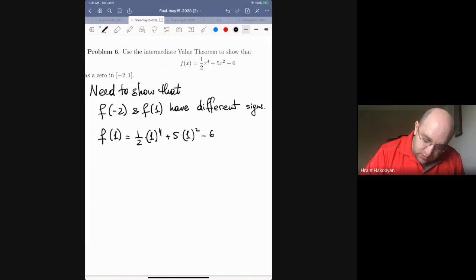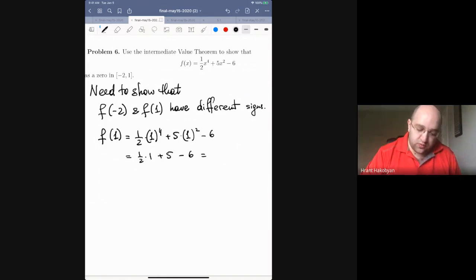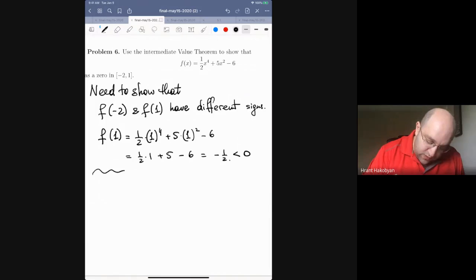So it's 1/2 times 1 plus 5 minus 6. So if you do it, this is 5.5 minus 6, so it's -1/2. Okay, so that's a negative number, right? So if f of -2 is positive, then we would be done.